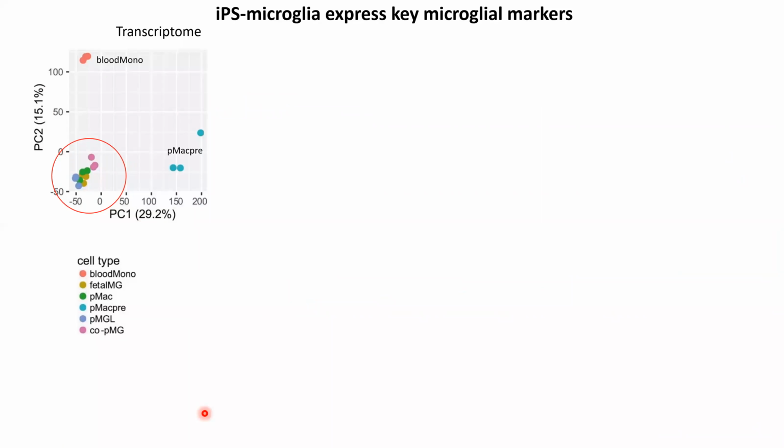So when we compared the cells we are producing, our iPS microglia, with fetal primary microglia, they cluster very nicely with them, and they cluster away from blood monocytes and away from the macrophage early precursors that we have partway through the differentiation process.